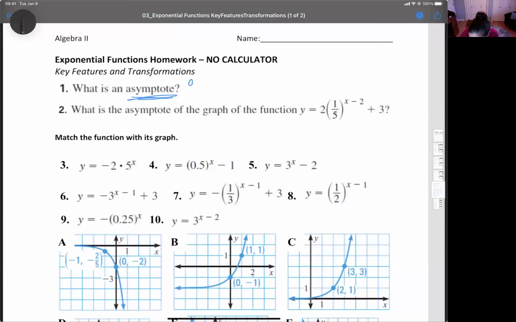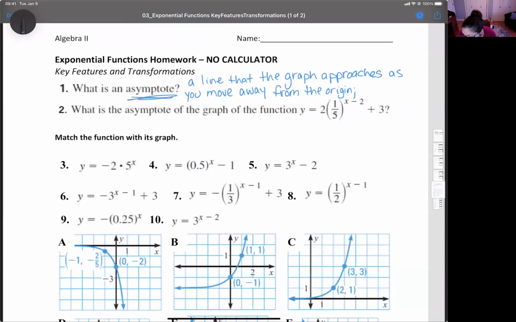So it's a line that the graph approaches as you move away from the origin, away from sort of the center of the graph. But your graph can never touch or cross that line.